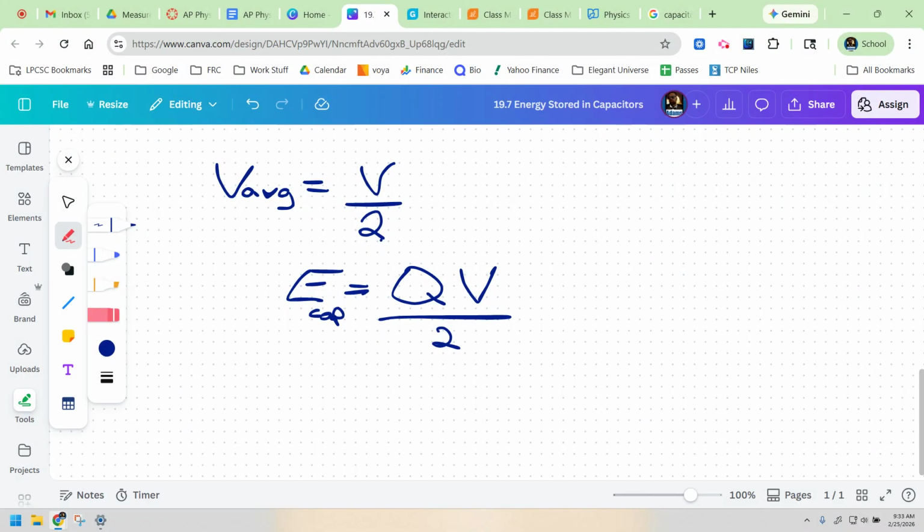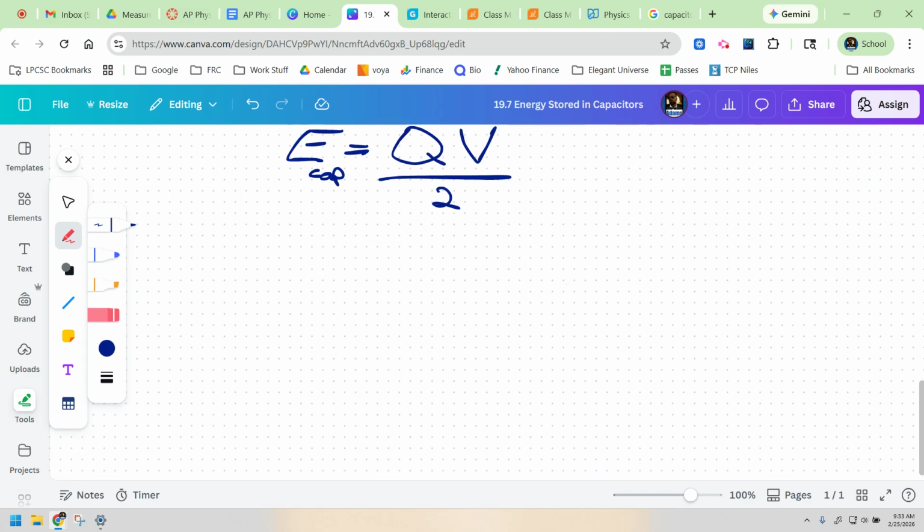And so then also remember that Q is also equal to CV, right? The capacitance times the voltage.